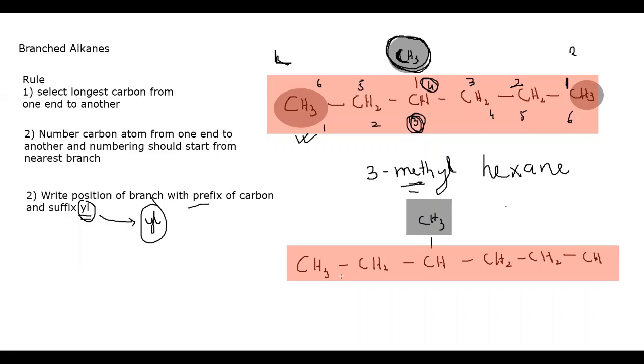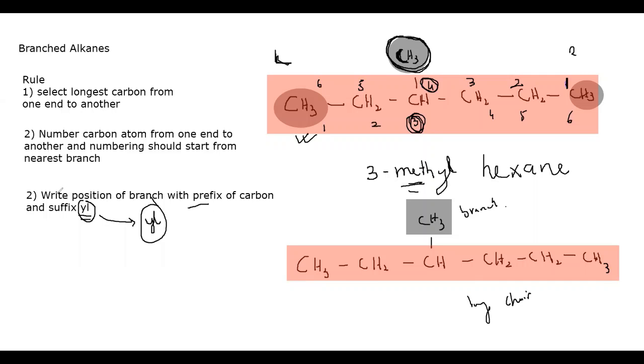Is it clear? What we don't select in the chain is considered a branch. So this CH3 is a branch, and the chain which we select is the longest chain.